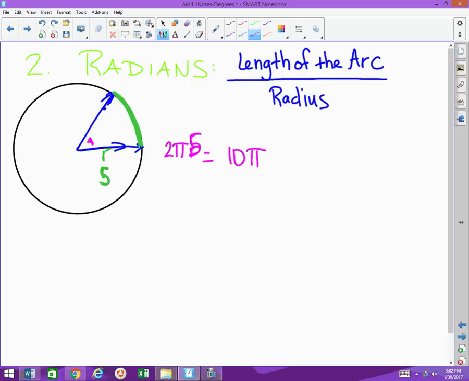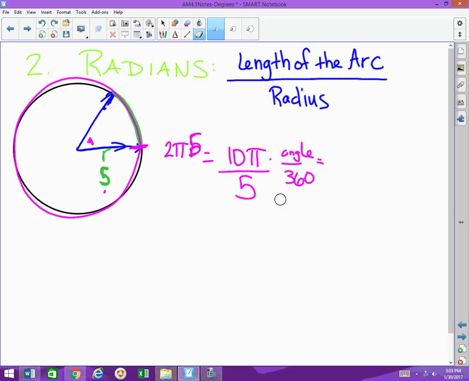So whatever that degree is, you would have to multiply by the angle over 360, because you're taking that much of 360 degrees. Well, if we're just looking at the complete circle all the way around, the length of that arc is 10 pi. And then if we divide that by the radius, which is 5, you will get 2 pi.